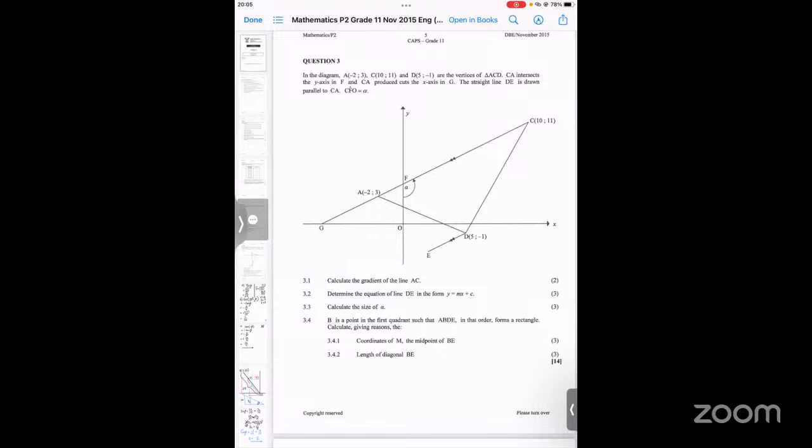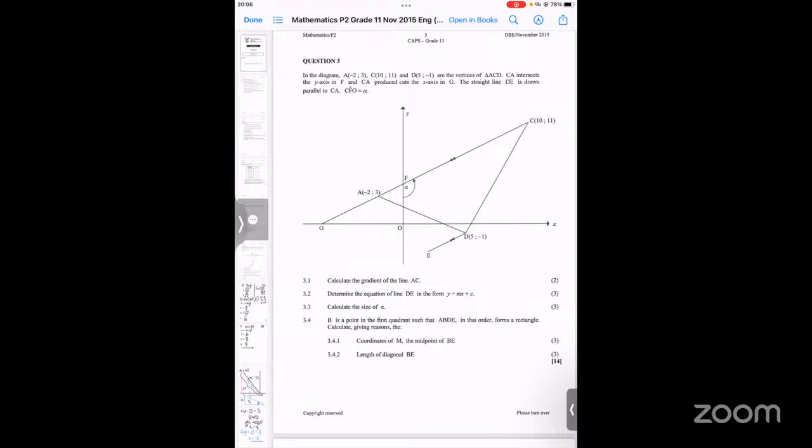Yes, that makes sense. So when they say produced, you can think of it as being extended until it hits the x-axis, and that point is called G. The straight line DE is drawn parallel to CA.